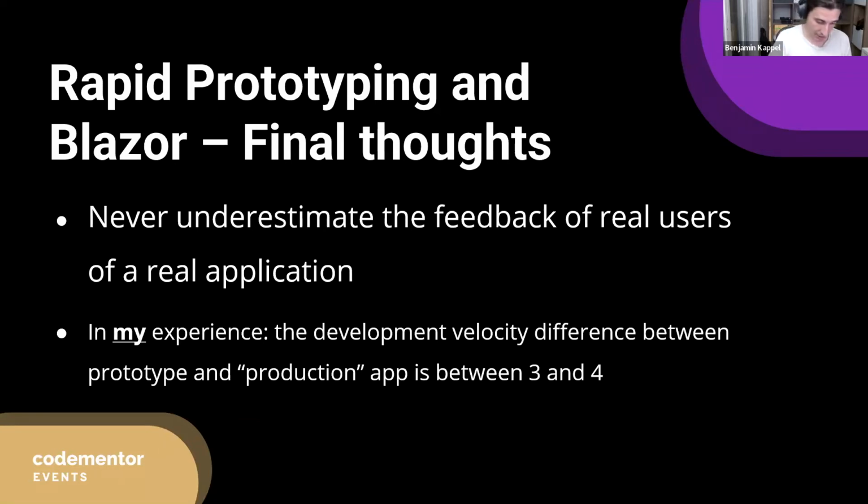And in my experience, with Blazor and the right team and the right circumstances, what would take a month in production can be broken down to a week, sometimes less. Again, not production style, not the most secure, just rapid to learn quickly.